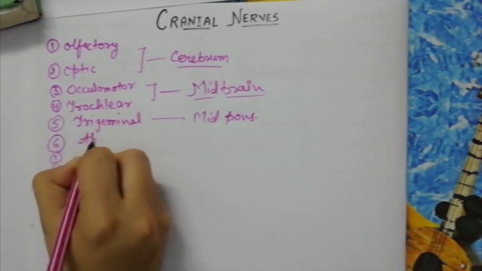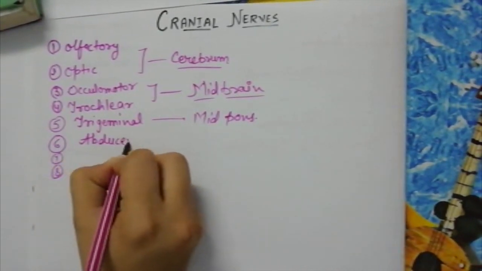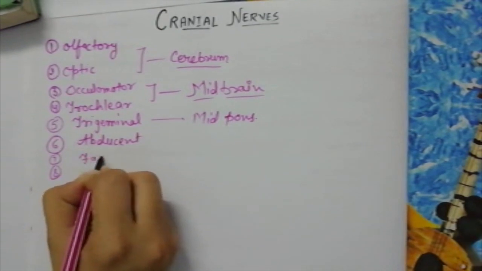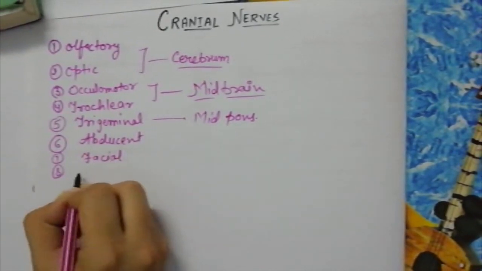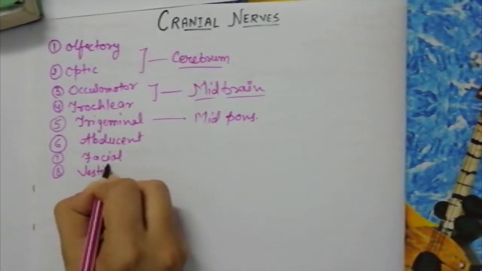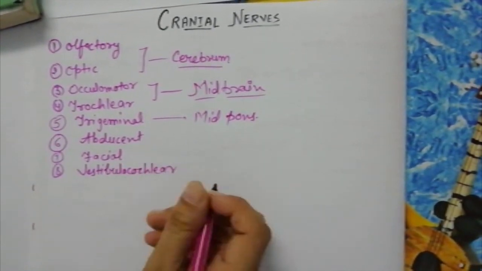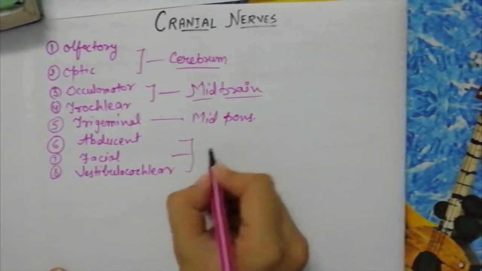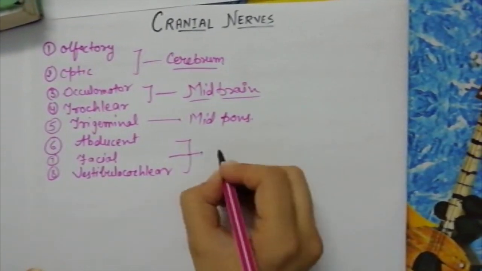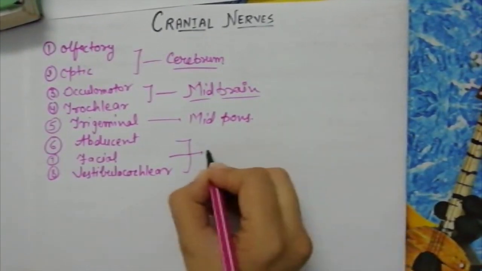Sixth is abducent, seventh is facial, eighth is vestibulocochlear. So these three are attached on the pontomedullary junction.